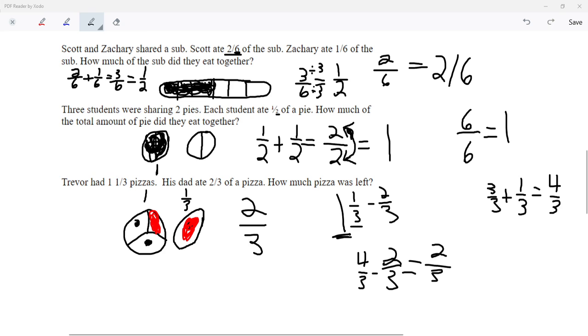So hopefully that was helpful in showing how to use models or just numbers to add and subtract fractions and mixed numbers.